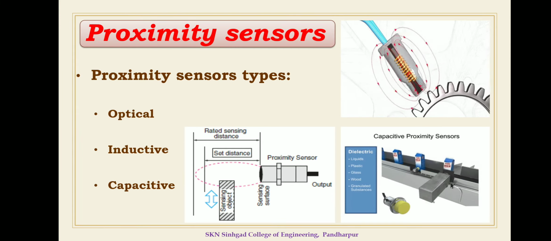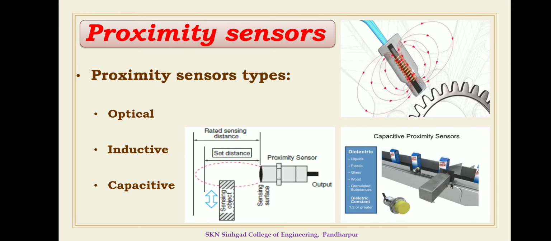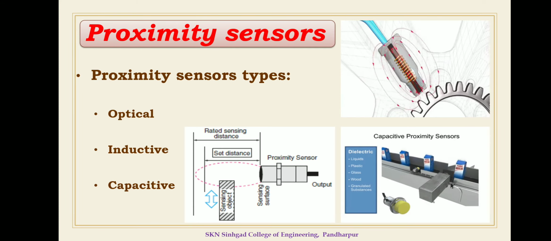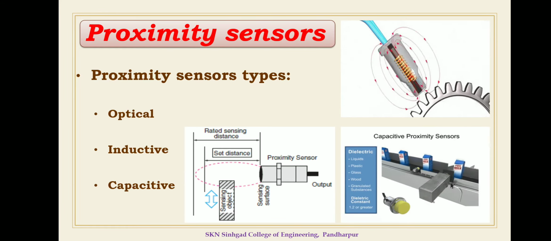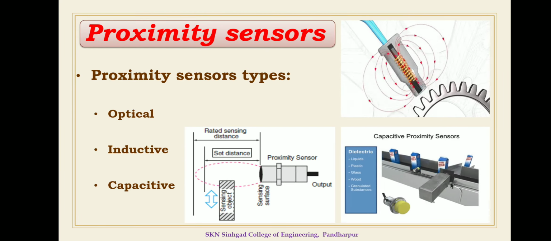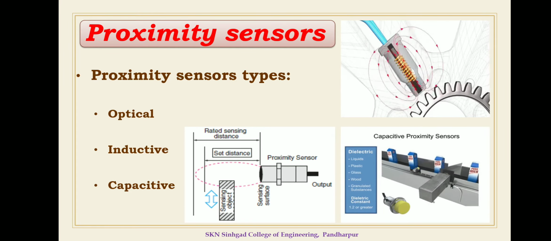The working principle of a proximity sensor is simple. A transmitter transmits an electromagnetic radiation or creates an electrostatic field, and a receiver receives and analyzes the return signal for interpretation.